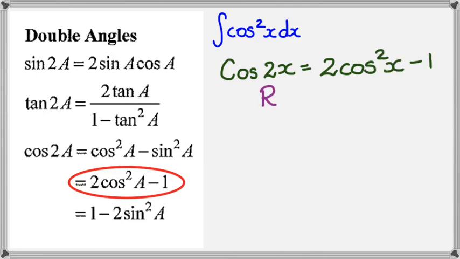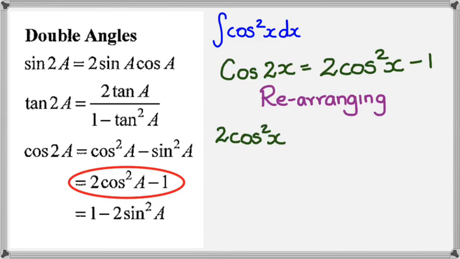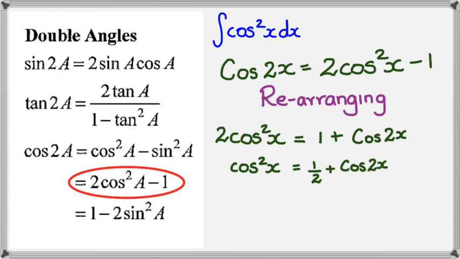As I did with the sine squared one, I've got to rearrange everything here. Rearranging this, I would get 2 cos squared x equals 1 plus cos 2x. Simplifying this, cos squared x equals half plus cos 2x divided by 2. Once I have this, I need to substitute it into cos squared x and continue integrating as normal, which I'll be doing in the next slide.